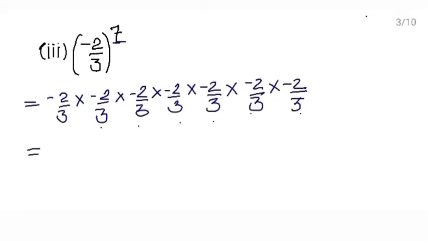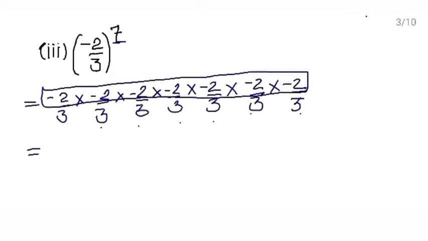Now calculate it. Multiply the numerators. 2 2s are 4, 2 4s are 8, 2 8s are 16, 2 16s are 32, 2 32s are 64, 2 64s are 128. So the numerator will be 128. Here minus sign is occurring 7 times. 7 means odd number. So minus sign is occurring odd number of times.